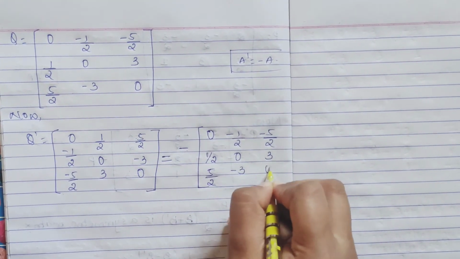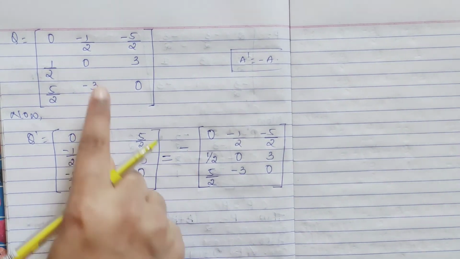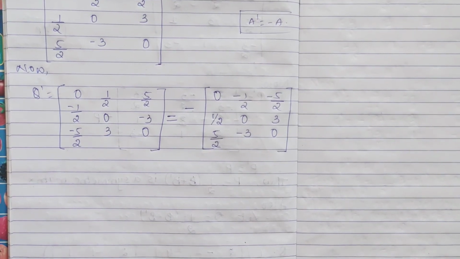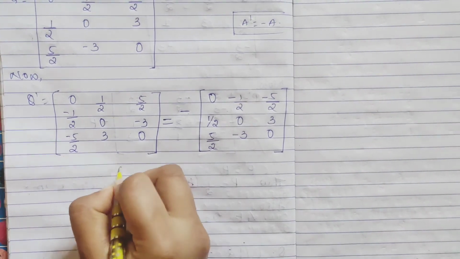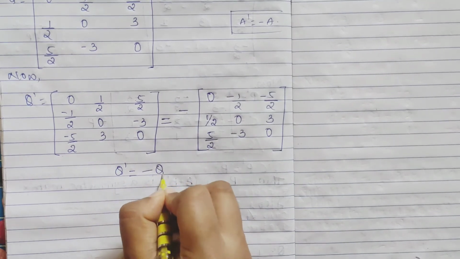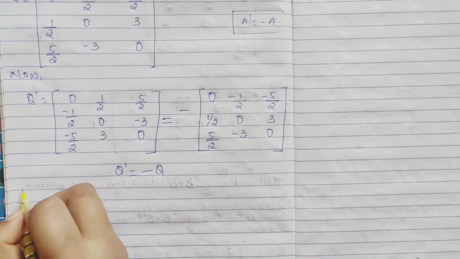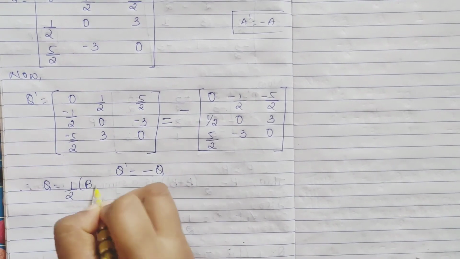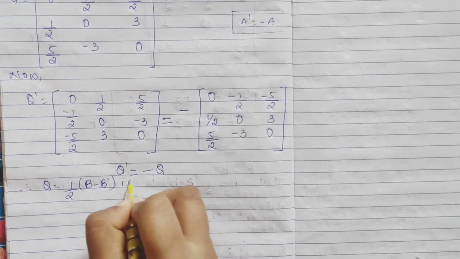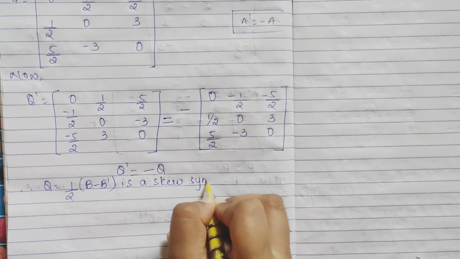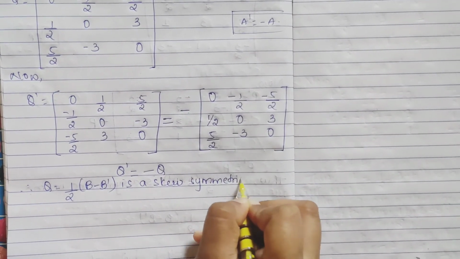So you can see you are getting the same as Q. So you can write Q transpose is equal to minus of Q. Therefore, Q equal to half of B minus B transpose is a skew symmetric matrix.